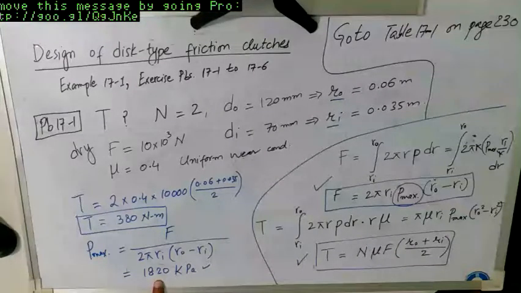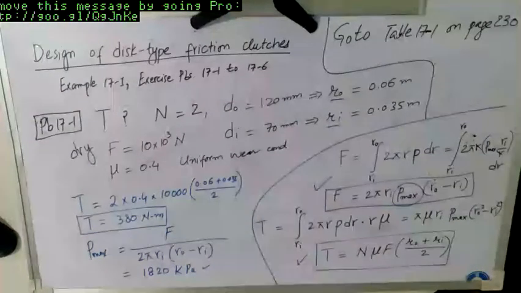So 1820 kilopascal. Now what you have to find out is which of the materials in this table have a pressure range greater than 1820 kilopascal. If you see in the first row, molded material, it has the range of 1030 to 2070 kilopascal. And similarly, sintered metal, the third material, also has the very same range.